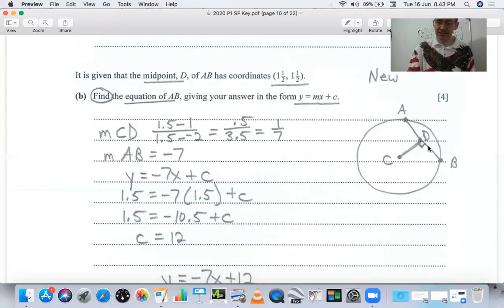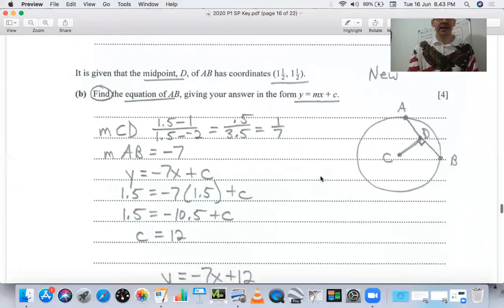So if it bisects the chord, it's perpendicular, or if it's perpendicular, it bisects the chord. Since D is called the midpoint, it means it's bisecting the chord, cutting it in half. Therefore, this is perpendicular.